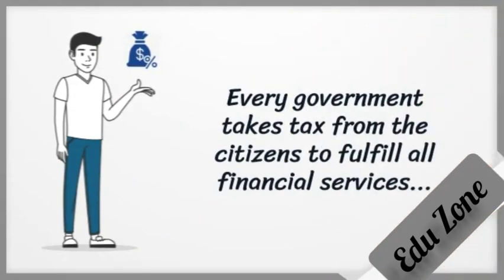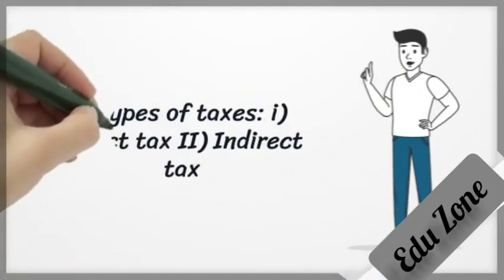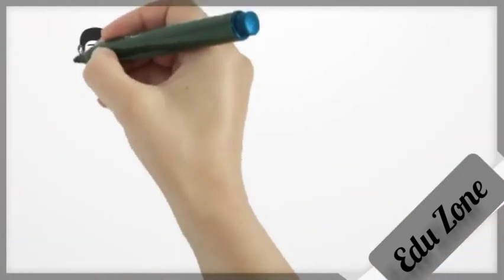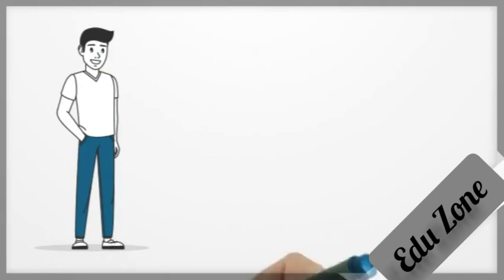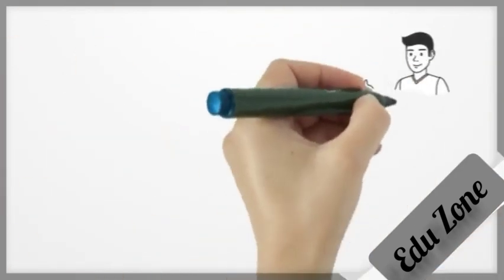The second one is indirect taxes. Simply understand that these are taxes paid by consumers or organizations when they buy goods or services or both. For example, suppose a clothes store, a big store with daily transactions.